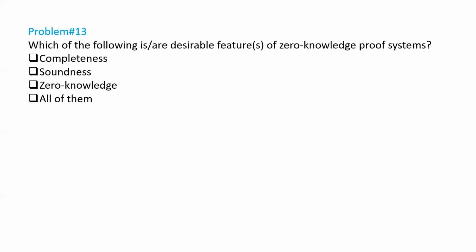If the prover is honest, then an honest verifier also should be convinced with the witness it produces. That is the completeness property.